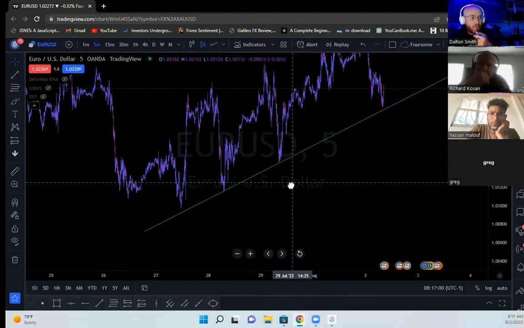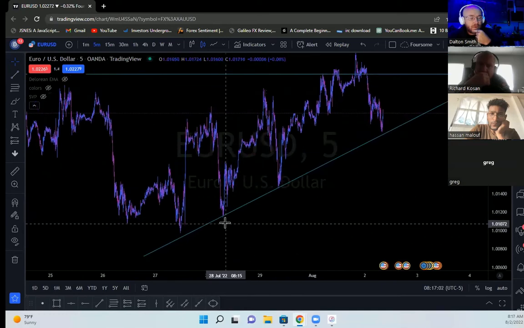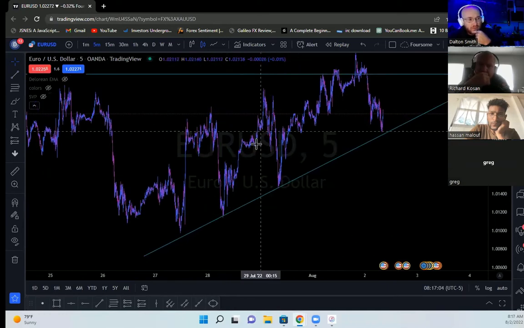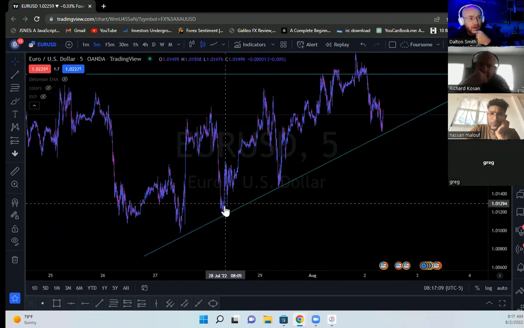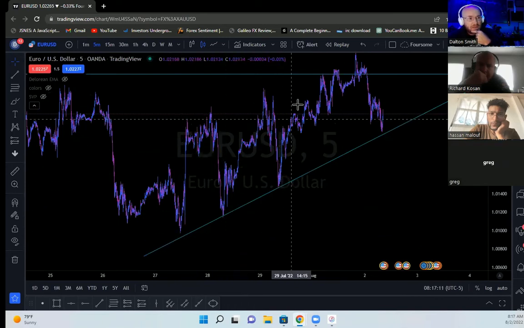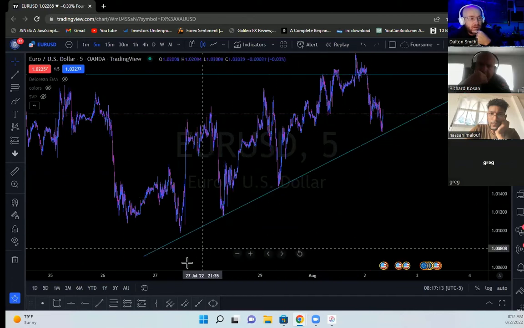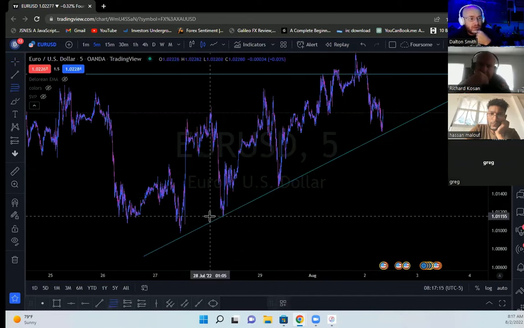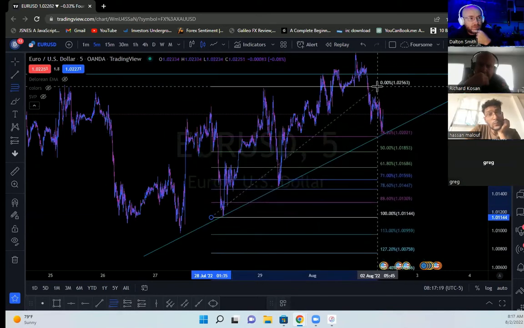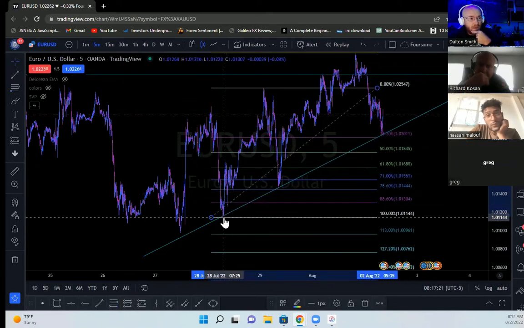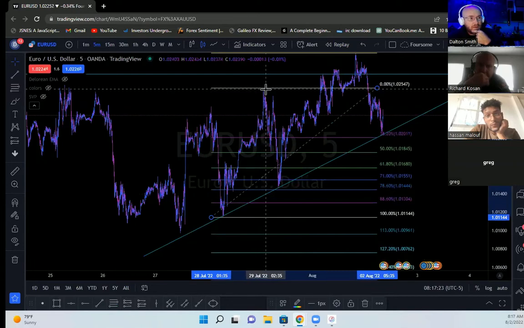Right. So we're moving up here, which is the exact opposite of what I showed you before. When I have an area of support that is being tested and is being respected, I grab the Fibonacci tool. I stretch it out here, going from my low to my high.